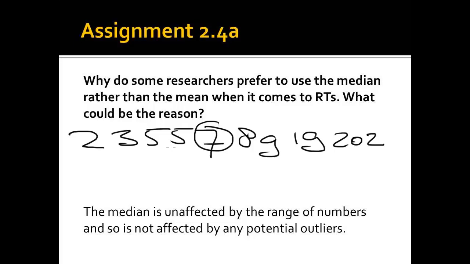The mode is the number that occurs most often, and that is 5 here. And the mean would be roughly 29. So it can be argued that 7 represents this group of numbers simply because it's in the middle and it isn't affected by the range of the numbers and unaffected by any potential outliers.